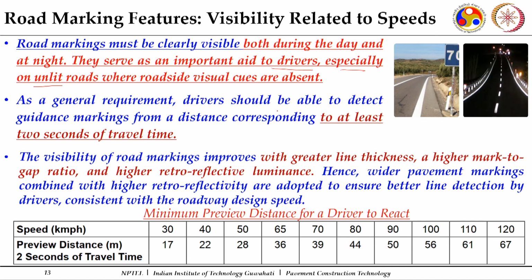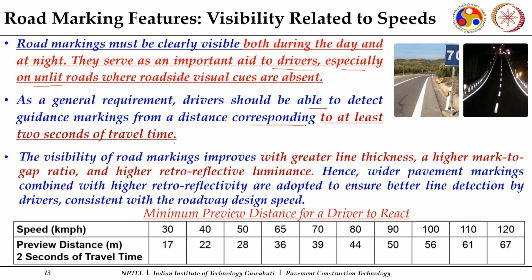As a general requirement, the driver should be able to detect guidance markings from a distance corresponding to at least 2 seconds of travel time. So, at least 2 seconds before, whatever driving speed you are moving at. Considering that driving speed, it should give a distance at which you are able to visualize it. From my speed of travel or the design speed of the road, I can work out the minimum preview distance for a driver to react.